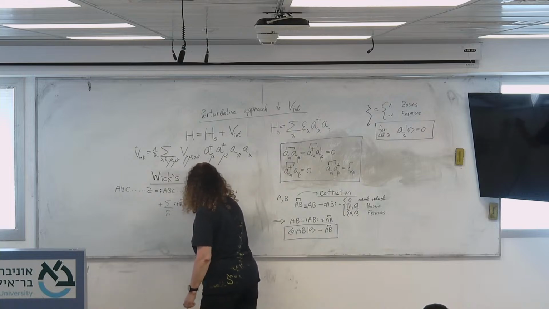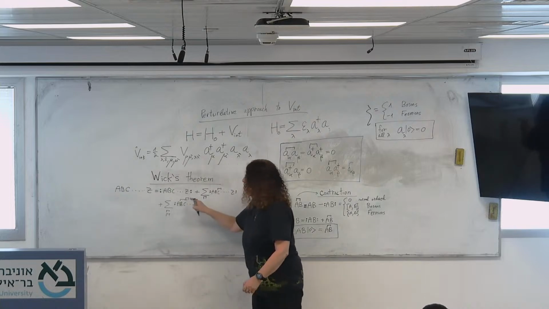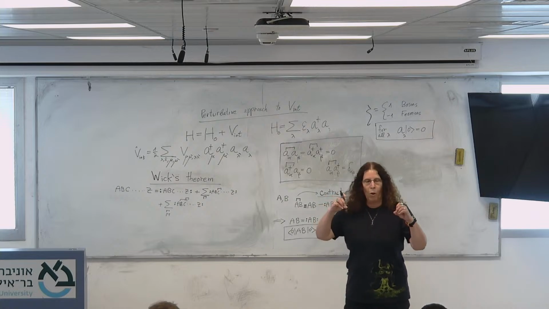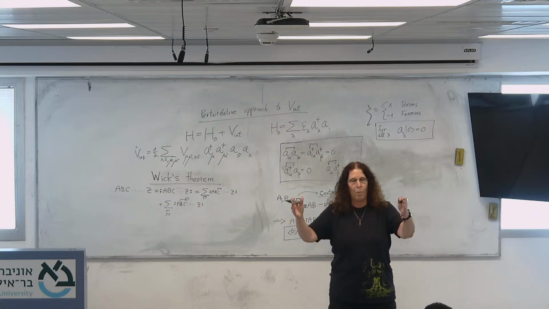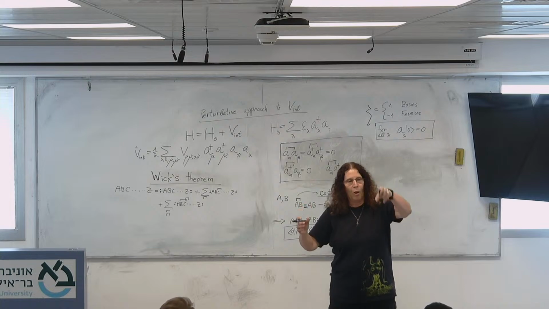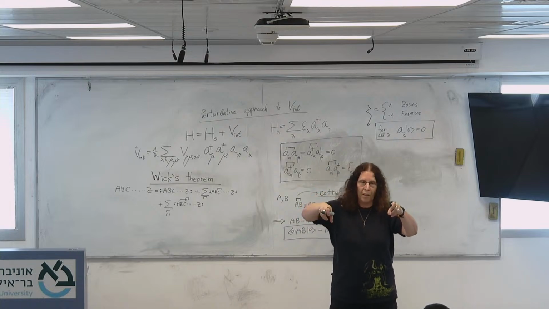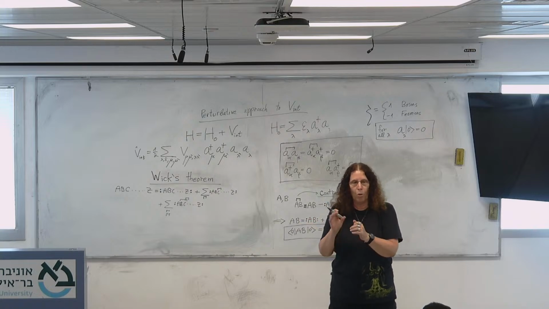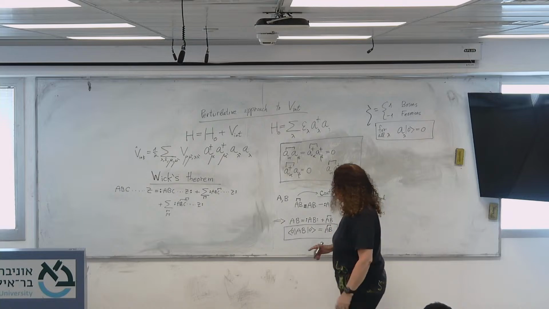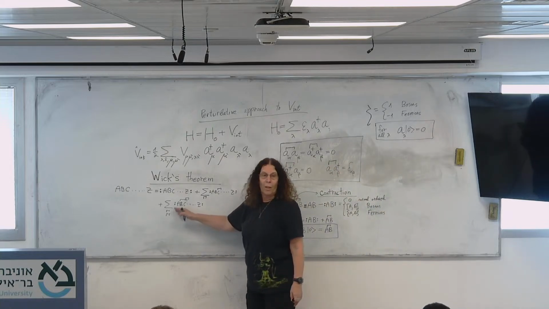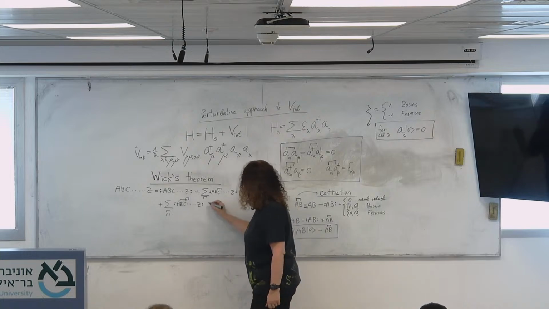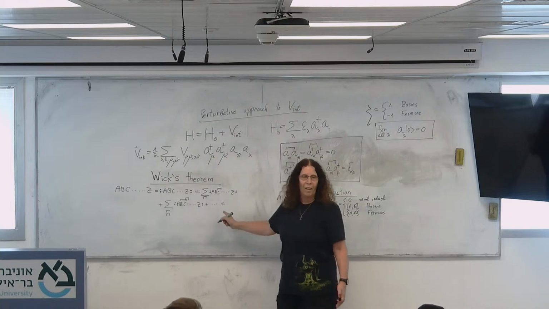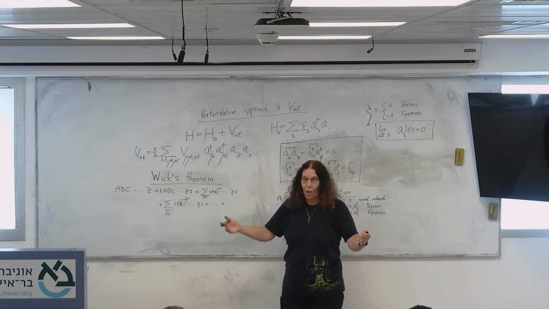So what I'm doing, I'm picking some pair of contractions. I'll give you examples later, but say I have a string of 6 operators, and I take 2 of them and contract them, and 2 others and contract them, and then I'm left with, in this case, only 2 operators that are not contracted. It will still be an operator, and I normal order it. This is a sum that has as many terms as the number of pairs.